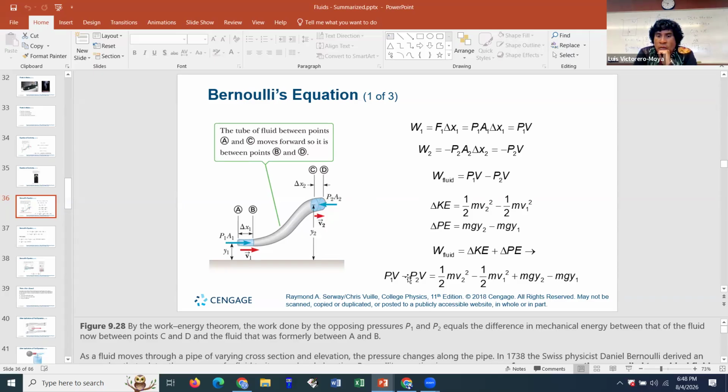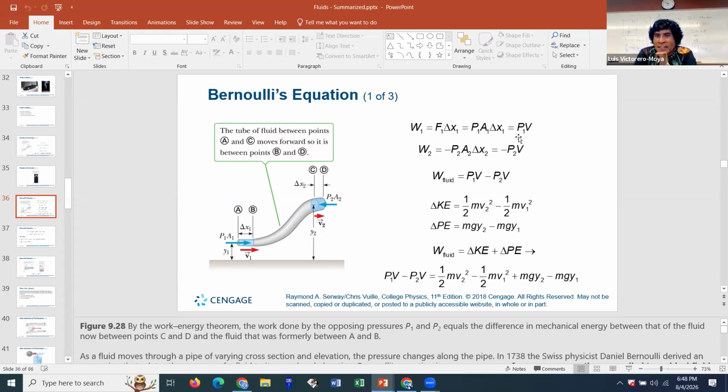So the difference between the forces times the distance will give you the work. Work is also defined as pressure times volume, by the way. That's an equation we're going to do later on. There's a proof here: F times x, and F is P1A1, but area times distance is volume.